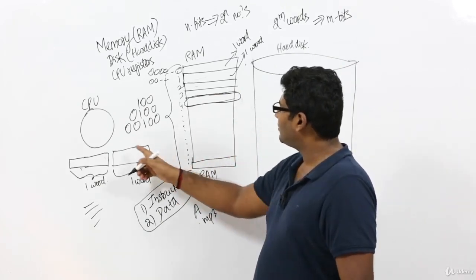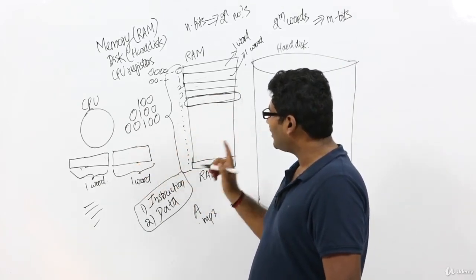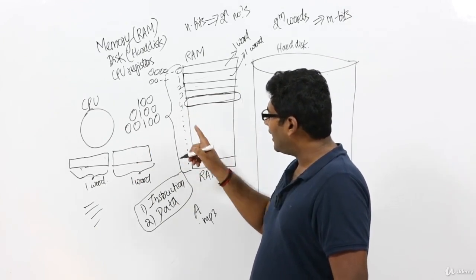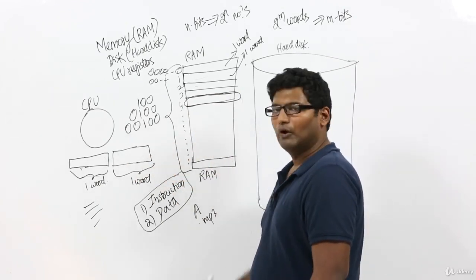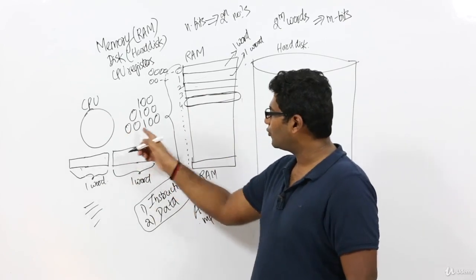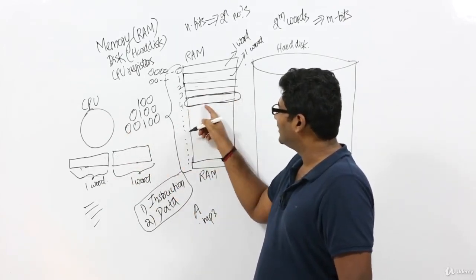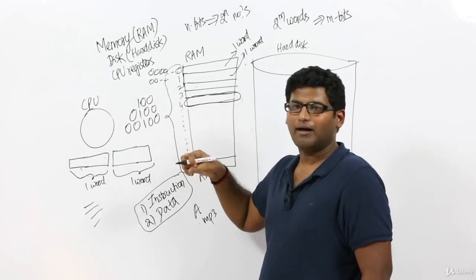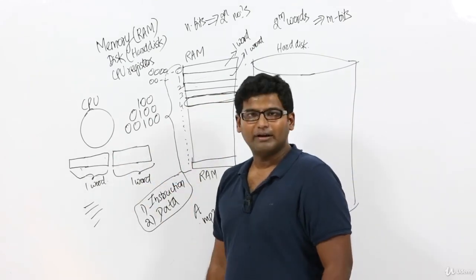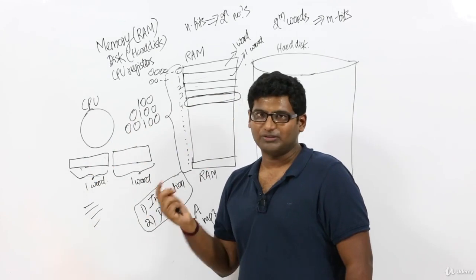Now, in case CPU wants to get this word, it will give the address 4 to the RAM. And RAM will take a copy of this word's data and give it to the registers. Now CPU will take this data and process it.